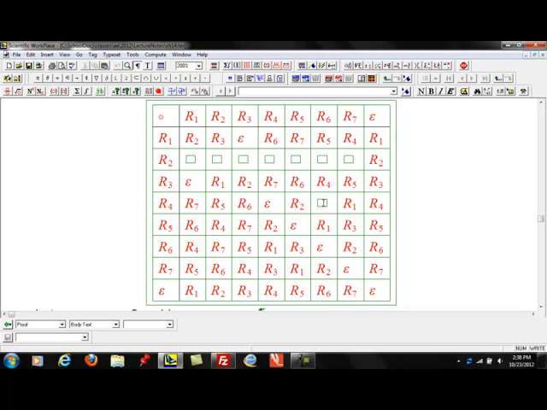What's R6, R4, R6? 2, 2, 4. I think it's going to be R3. Yep. Okay, so R3, R3, identity, R1, R5, 4.